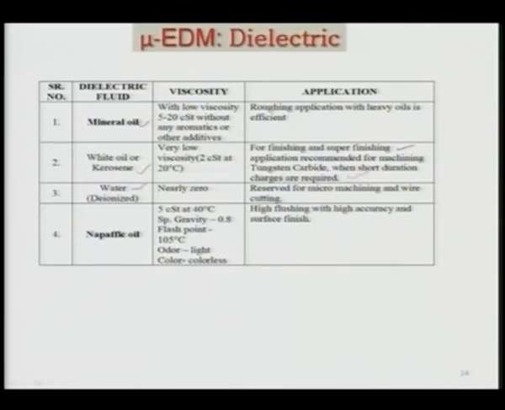Water, deionized water, can also be used as dielectric, and its viscosity is very low, and it is reserved for micro machining and wire cutting. It is very important to note that deionized water is invariably used for electric discharge wire cutting, and also mostly used for electric discharge micro machining.